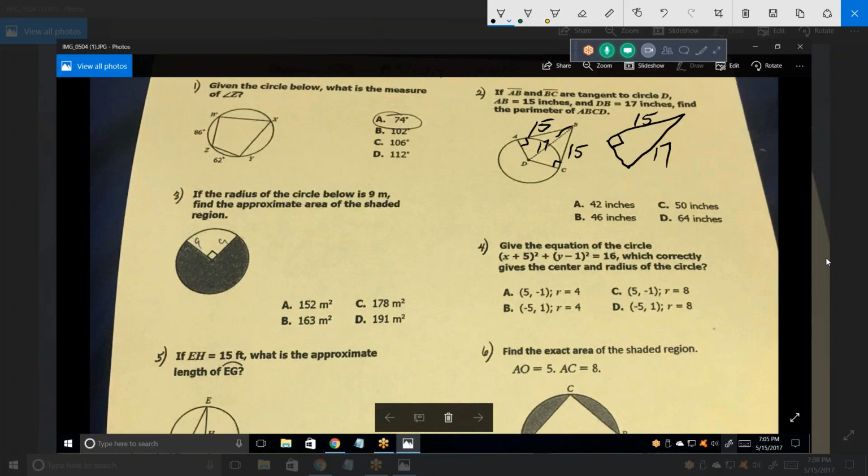The quick way to do it, when you're solving for one of the short sides of a right triangle, is it's equal to the square root of the hypotenuse squared minus the other side squared. And you're going to find that's equal to 8.